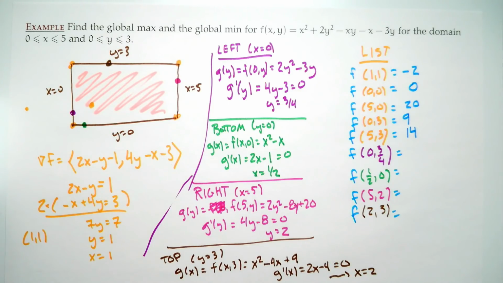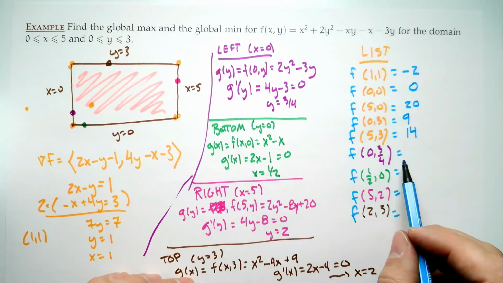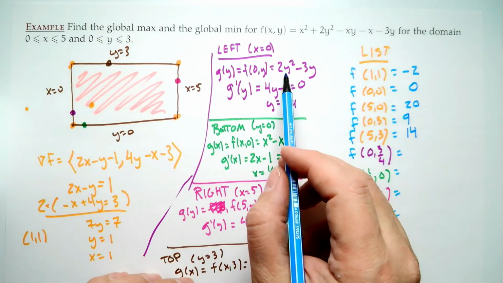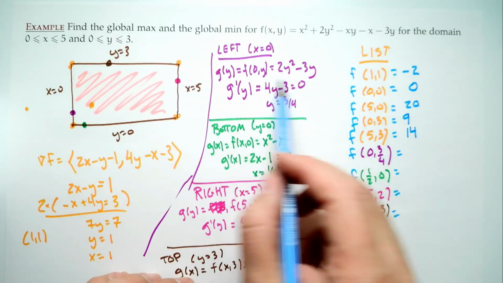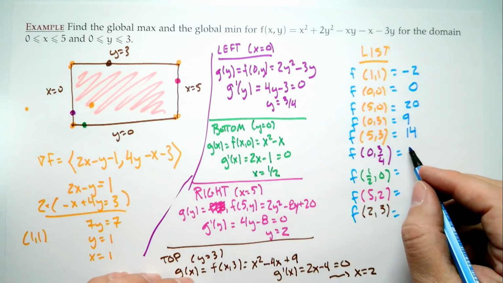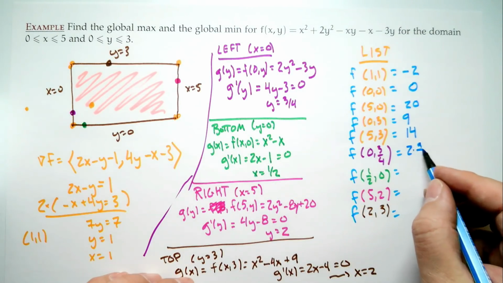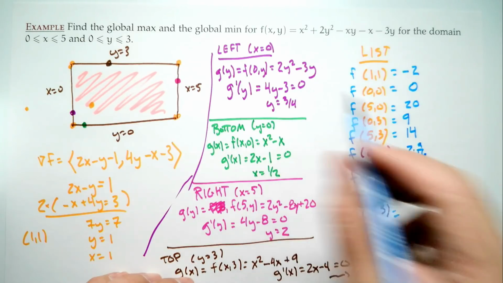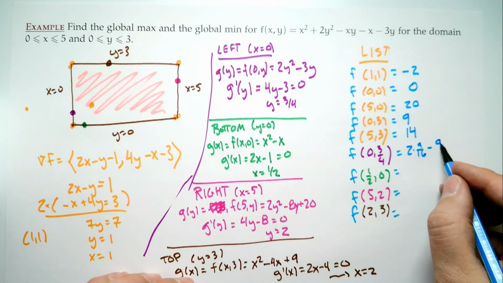And now comes the inconvenient ones, because we get fractions. Yeah. Of course, well, let's see what we get. Okay, 0, 3/4. Well, I'm going to look on the edge. That's 2 times 9 over 16 minus 9 over 4.